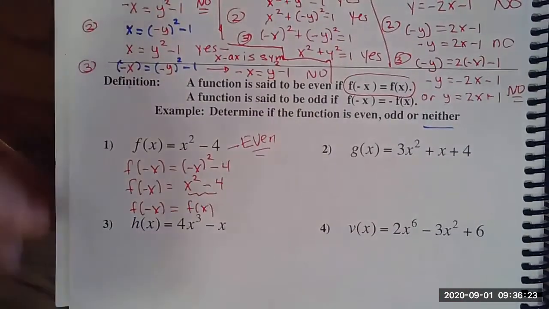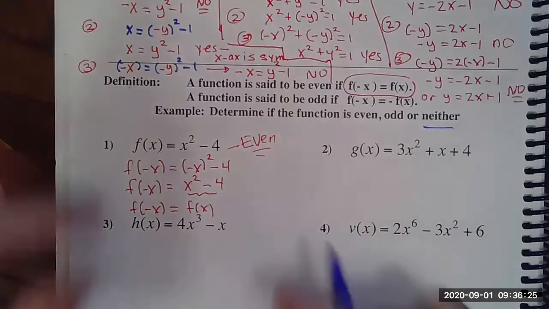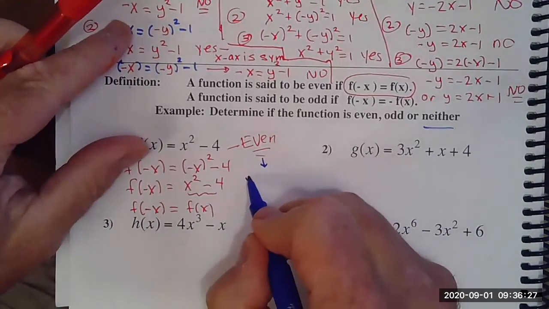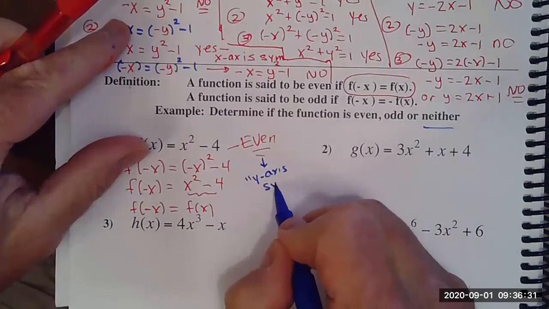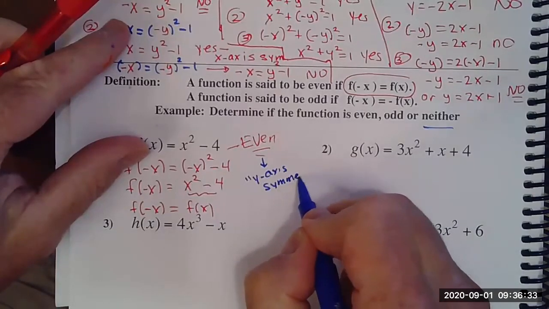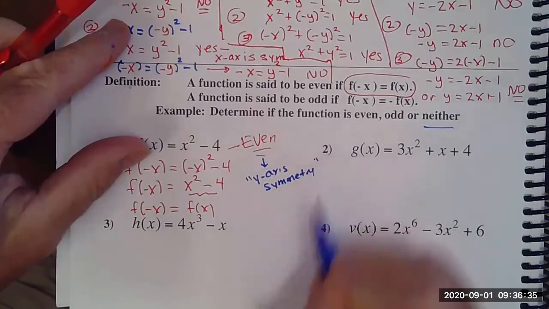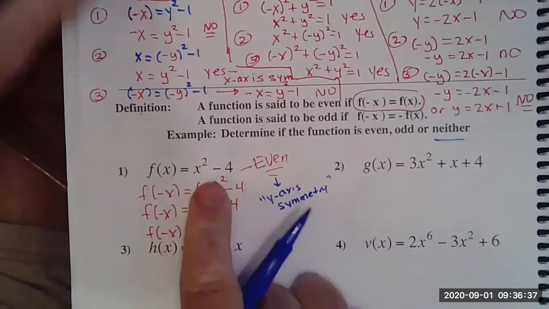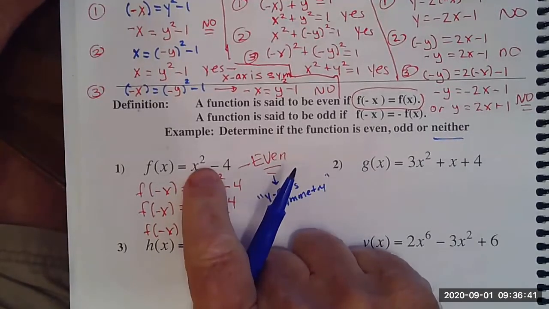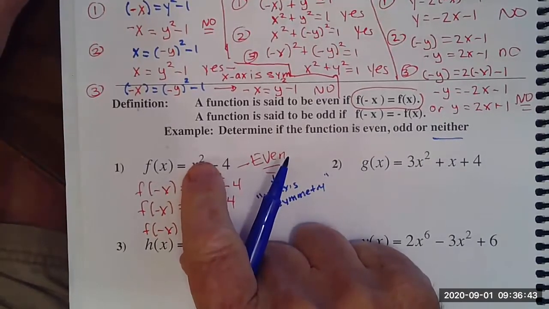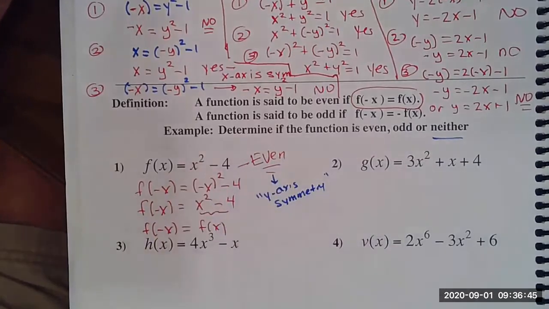And what that means is if it's an even function, it has y-axis symmetry. If you graph this, well, I think all of you know that this is a parabola. If you graph this parabola, the vertex is going to sit on the y-axis.